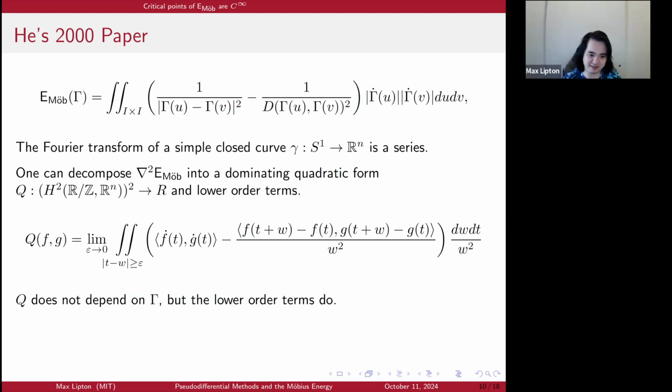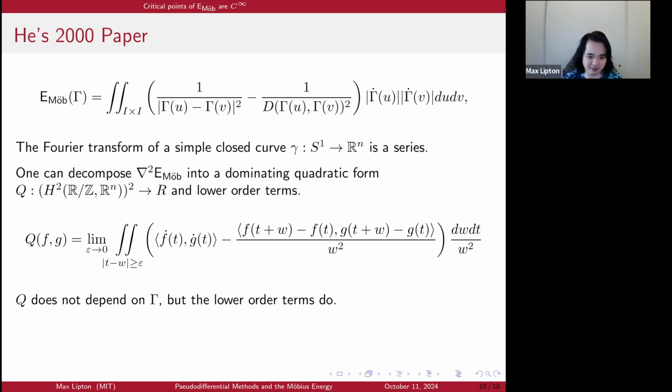And so one can show that, at least with respect to the norms, the contribution of the lower order terms to the second variation and the higher variations is just dominated by the quadratic form Q mentioned above.